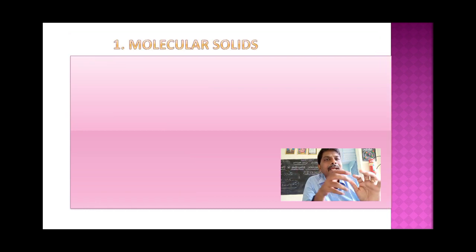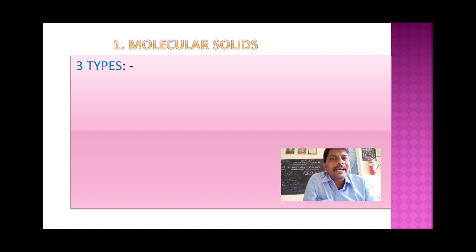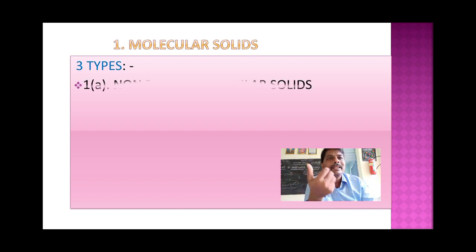Okay, now again we will come to the first category. What is the first category? Molecular solids. Children, don't confuse. Crystalline solids are four types. In that four, first one is molecular solid. Molecular solid is again classified into three types.